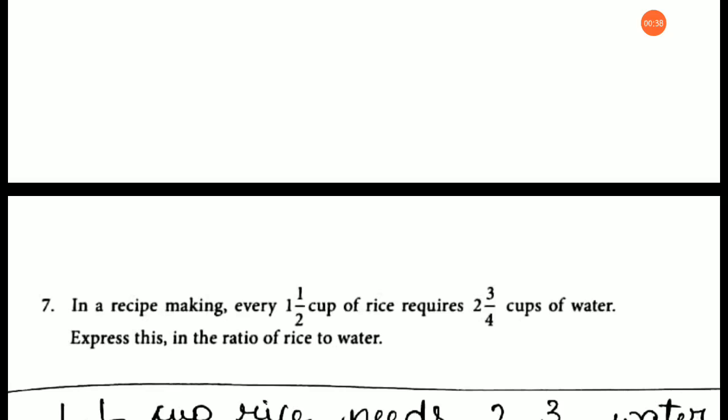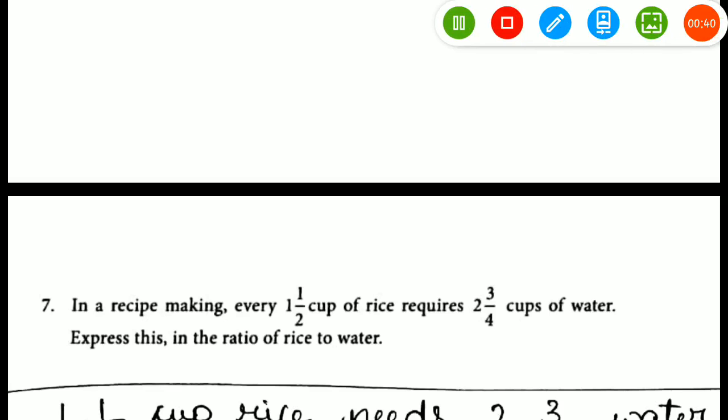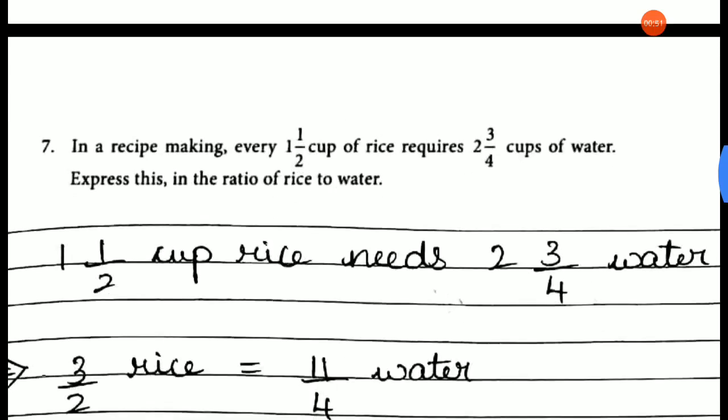Let's see how to start. Okay, first they have given you everything in a mixed fraction, so we should convert to the improper fraction first. Okay, now let's write it as an equation. 1 1/2 is written as 3/2 cup of rice is equal to 11/4 cup of water.